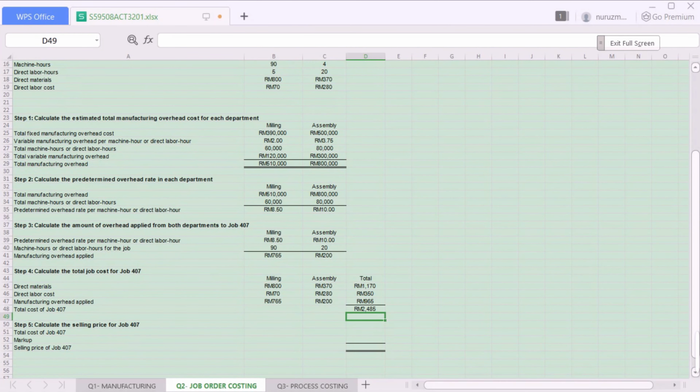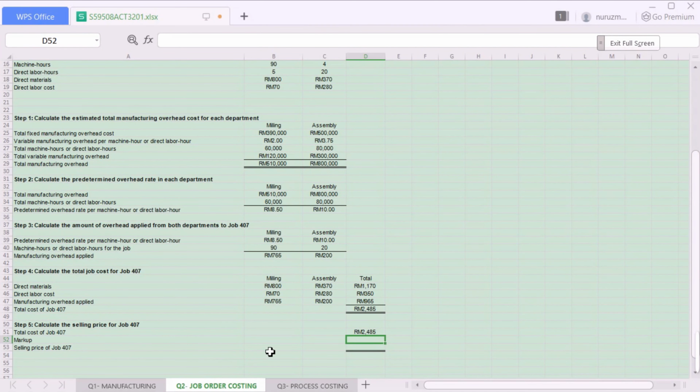Calculate the selling price for job 407. Total cost of job 407 is 2,485.